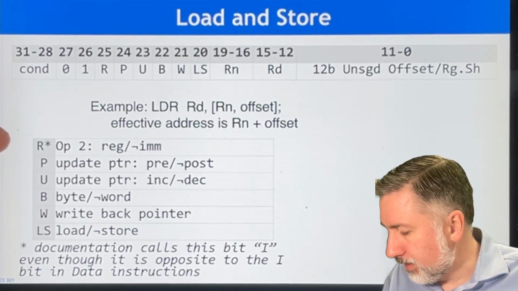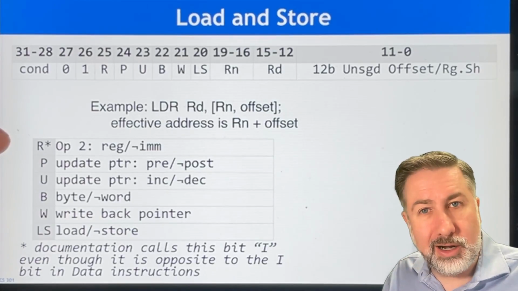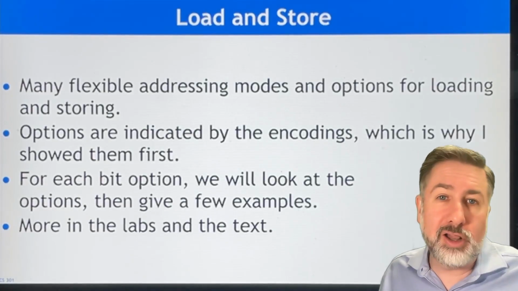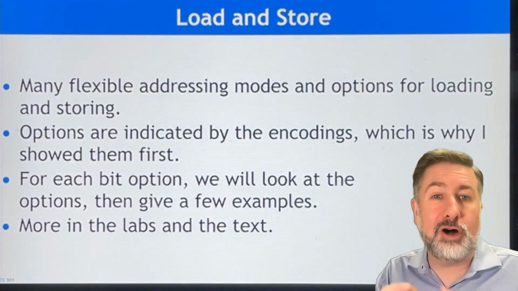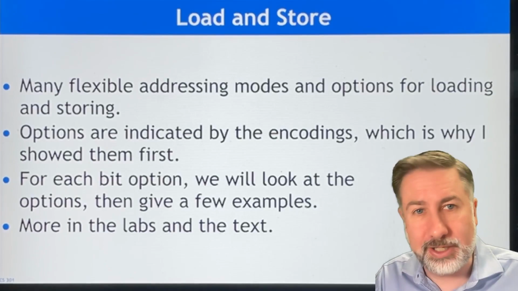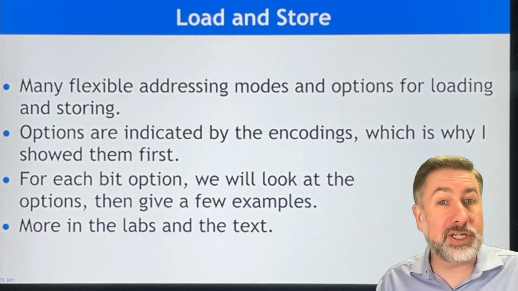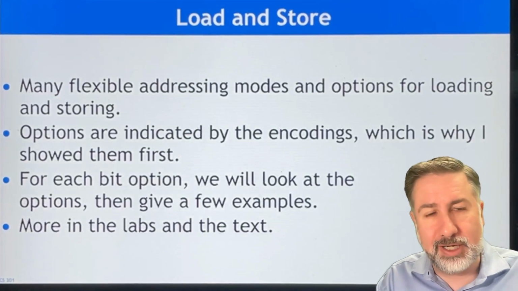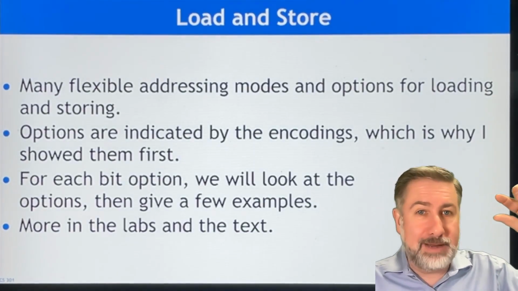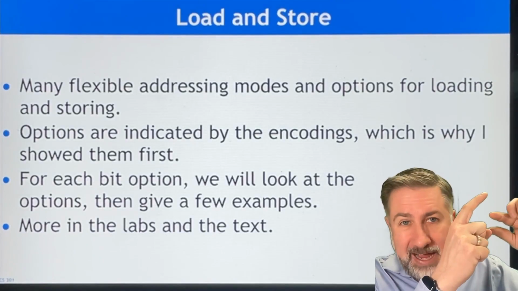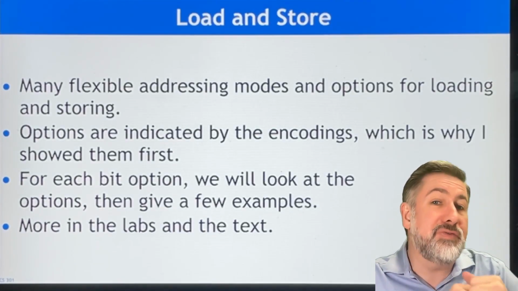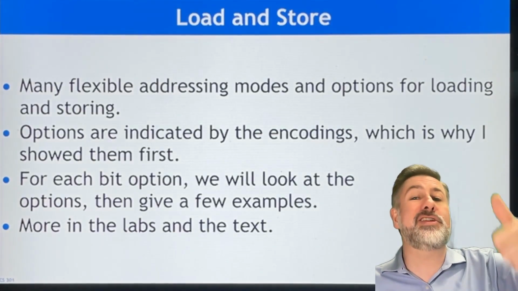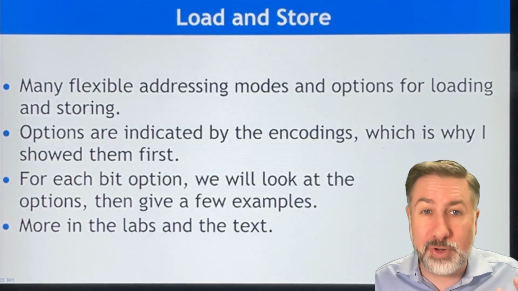Let's get into it in some detail, first of all. There are a lot of different options, and the options all depend on what you're doing in memory, right? Oftentimes, when you're loading and storing in memory, you're actually interacting with a data structure of some kind. You've got an array, for example, and you're going to increment your access to that array one to the next. Or maybe you've got a linked list where you're incrementing your access based on some new address or pointer to the next chunk of the linked list, or whatever.